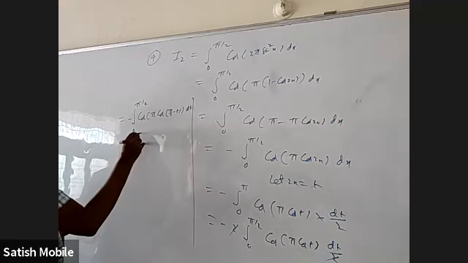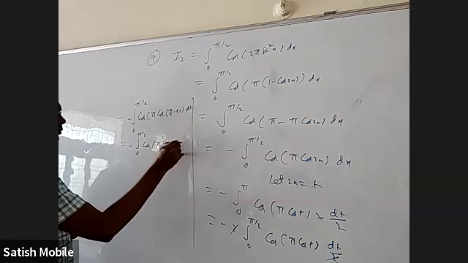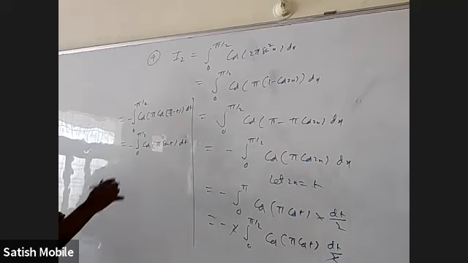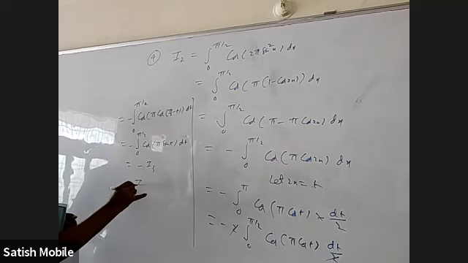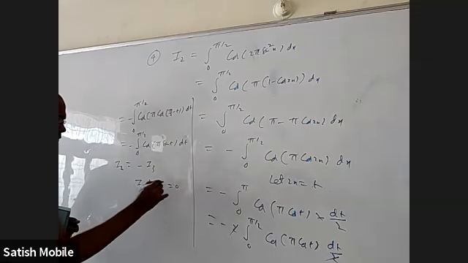That is minus integral 0 to pi by 2 cos of pi sin t dt. Which is exactly minus I3. I2 is equal to minus I3, so I2 plus I3 is 0.